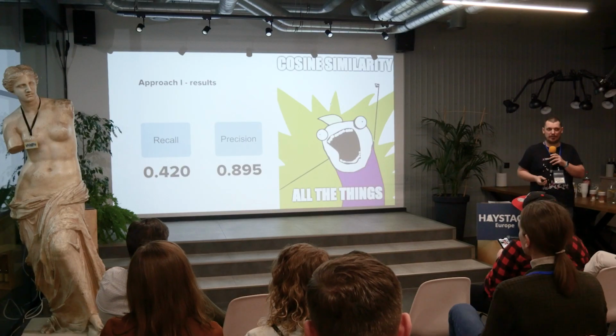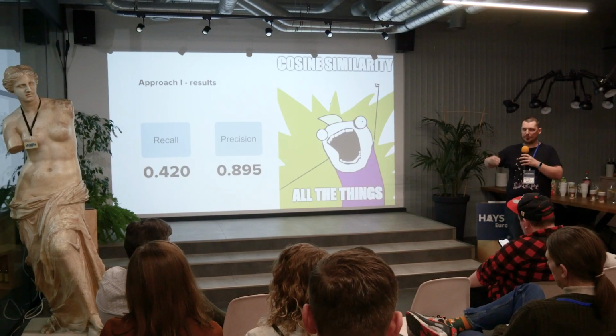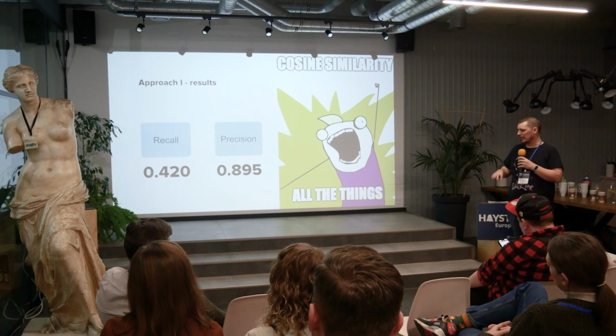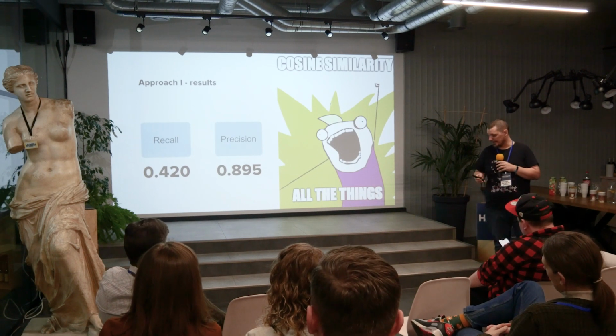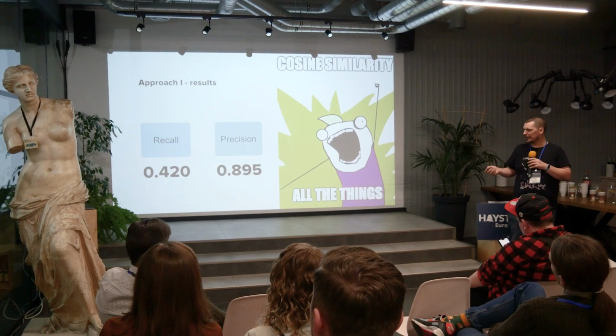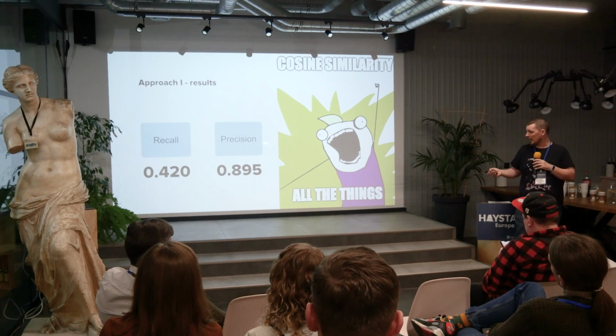And recall is a measure of how many of the actual duplicates from the data set we managed to get in the query we're doing. That's basically a value between 0 and 1. We did strive for precision, but we didn't want too low a recall. Our precision was quite good, closer to 0.9, and recall was, as you can see, 0.4. Not great results for the first try, and there were some issues.